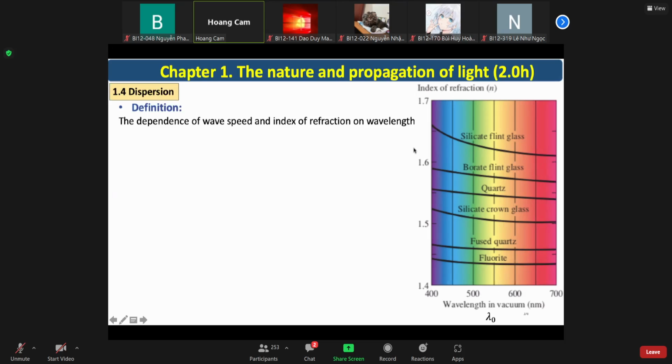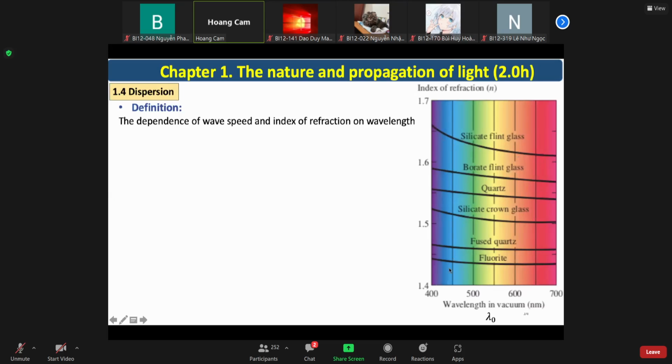Now if we consider the silicate flint glass, first we see the values of the index of refraction of this material are higher than the fluoride, for example. Different materials, different values of index of refraction, for sure. And the slope of this curve is also quite large.